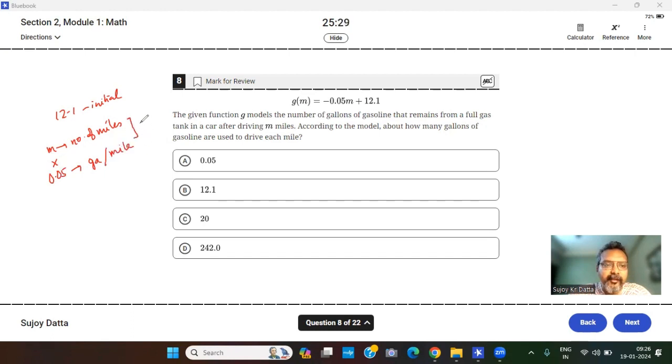So then this product will give you 0.05 m gallons. So that means this much gasoline has been used up. For every mile, therefore, you are using up this much. So the question is asking, according to the model, how many gallons of gasoline are used to drive each mile? So that's A.